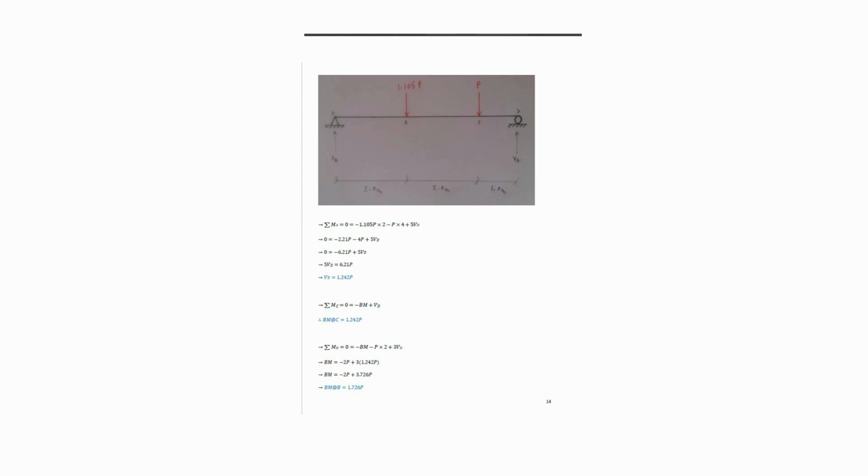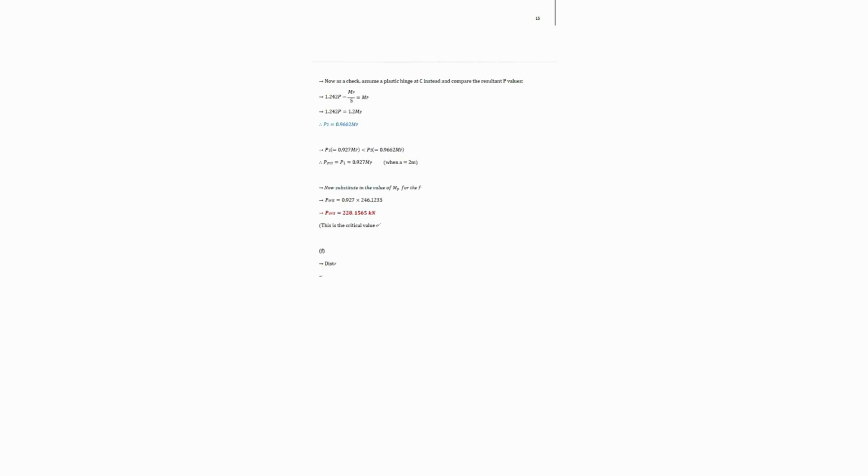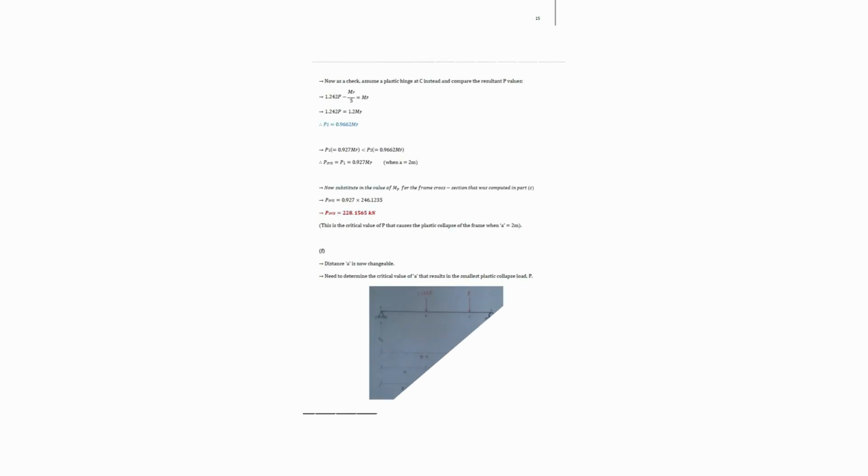Degree of indeterminacy. Determine the degree of indeterminacy of the structure. 4. Equilibrium equations. Use these equations to find the bending moments at critical points. 5. Plastic collapse load. Calculate the load that causes plastic hinges to form so that the structure becomes a mechanism, leading to collapse.